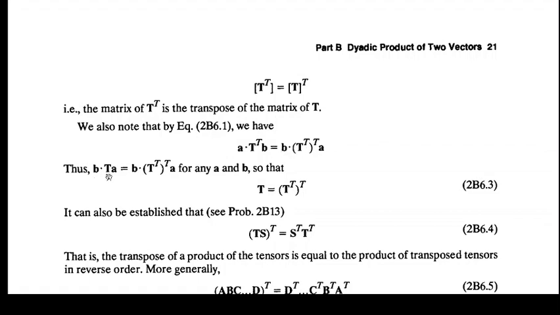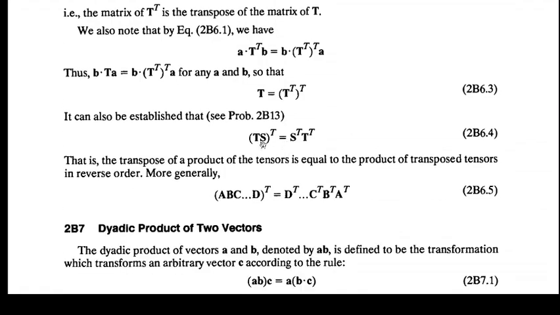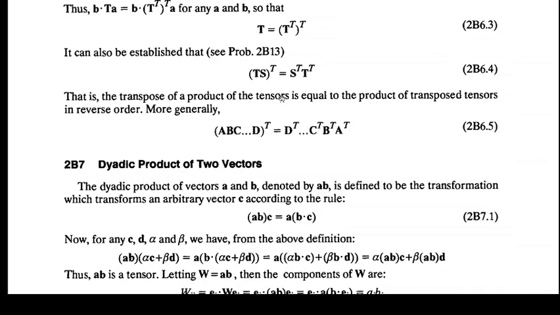So we can write B dot TA equals B dot transpose of transpose of T A. So from here we can write T is equal to the transpose of its transpose, and also you can have this relation: the transpose of the product equals the product of the transposes in their reverse order. Similarly, you can generalize this, that if you have more than two tensors, you can write this.